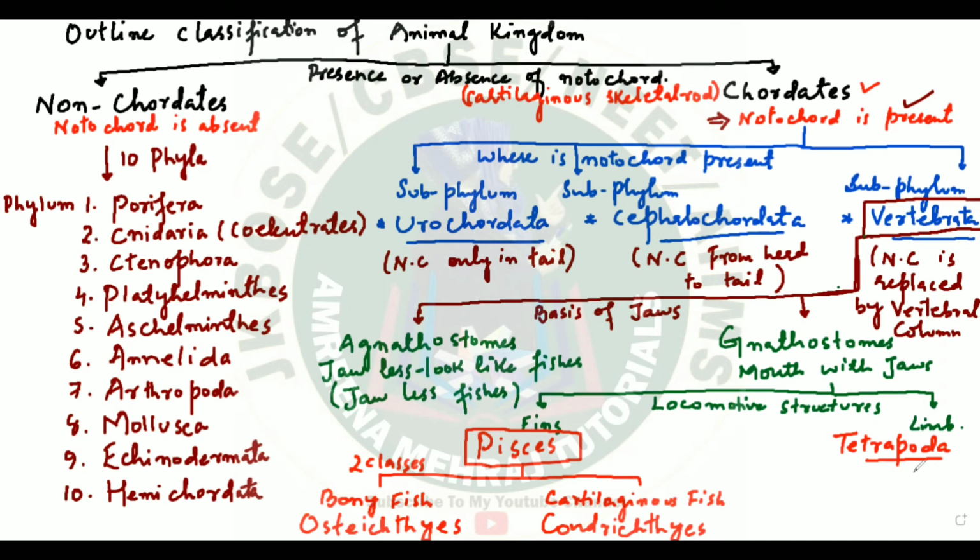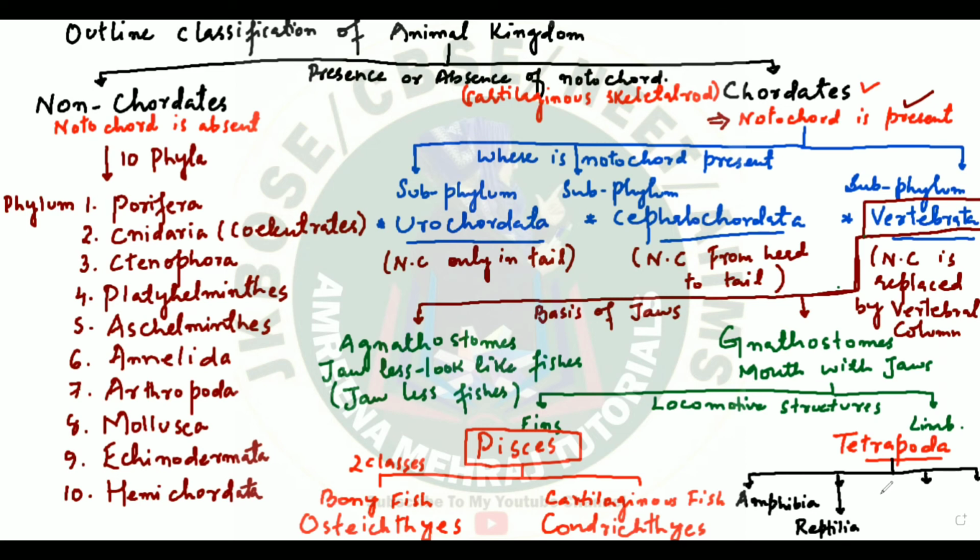Now, as far as the tetrapods are concerned, you very well know these. Tetrapods are divided into four classes. All of us know these classes very well. Can you guess the names? Obviously, number one is class Amphibia. Next is class Reptilia. Let me write it down here.